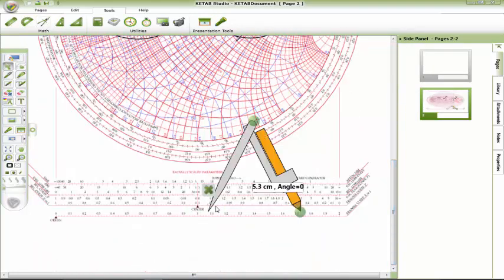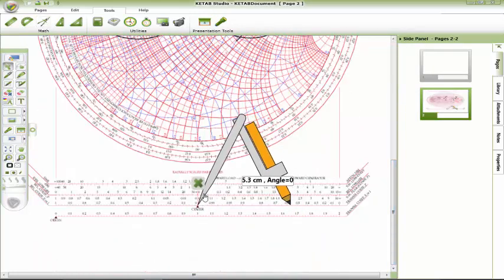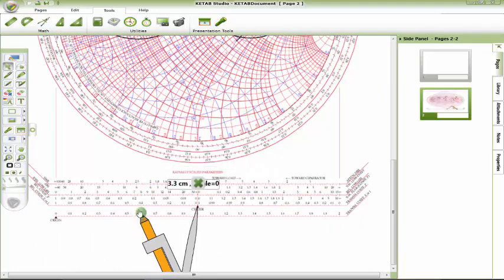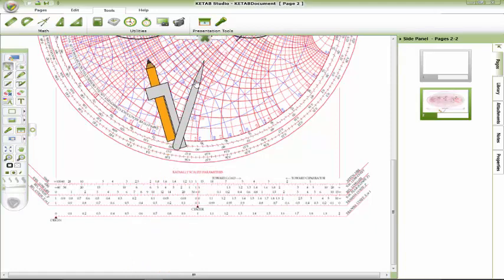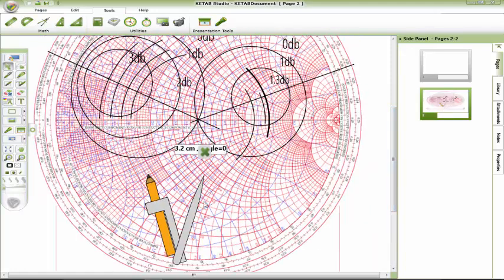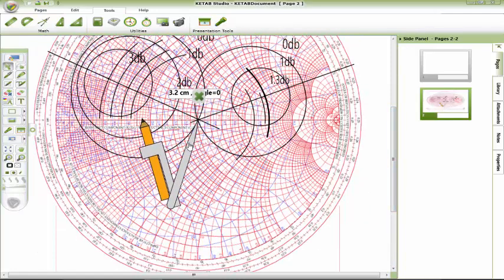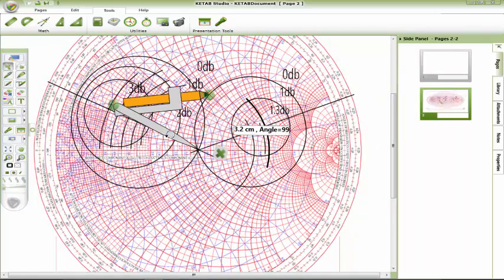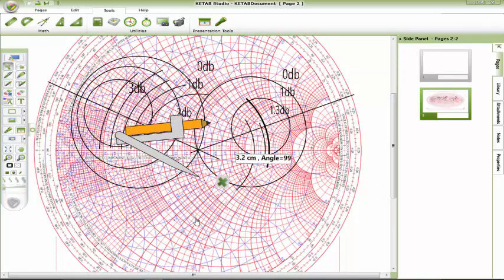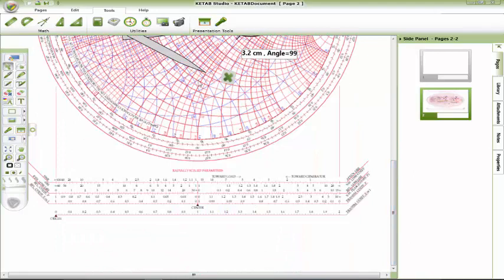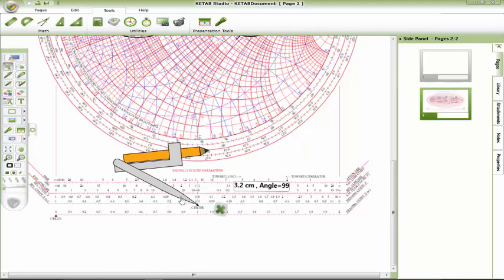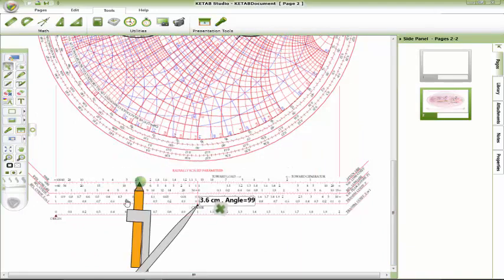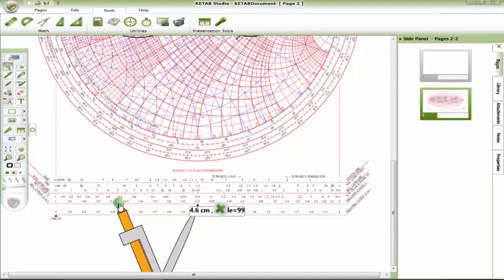You put it here, 0.4, we draw the bow, and then we take it to the radius 0.55.